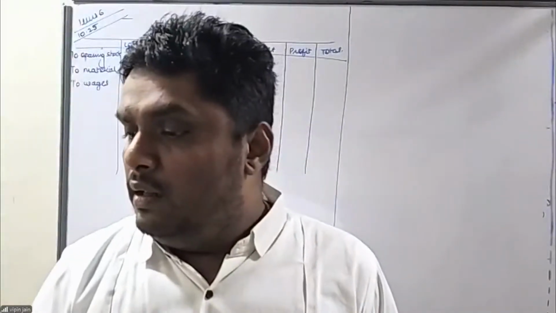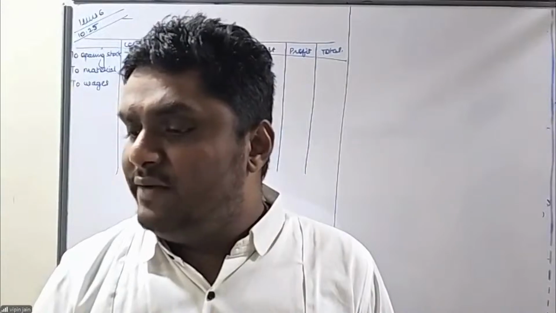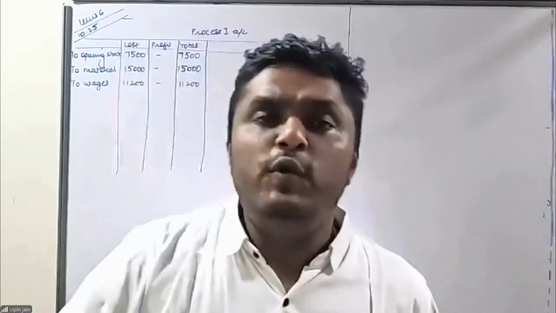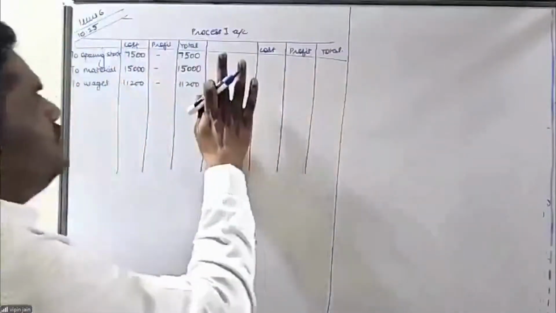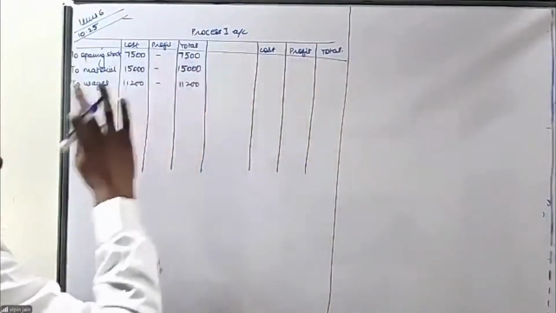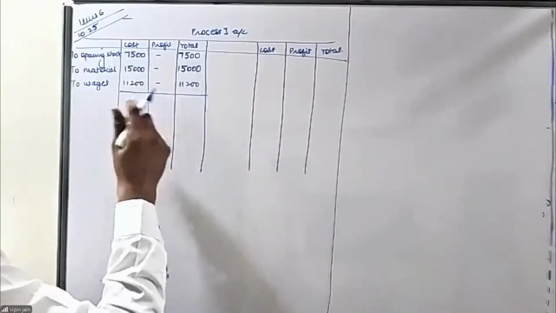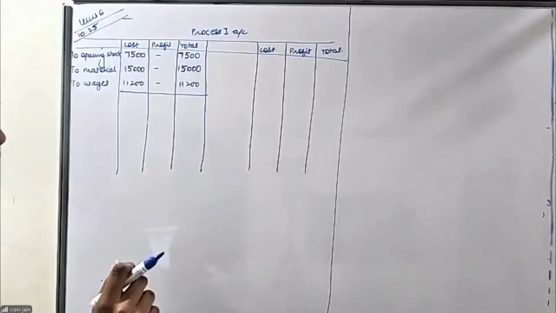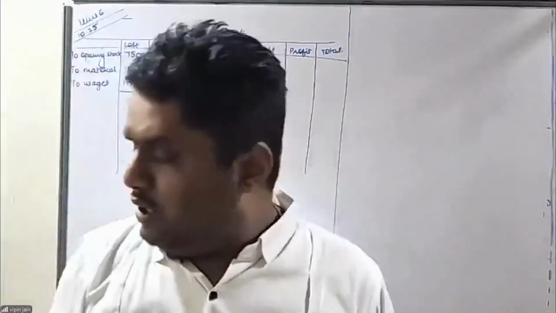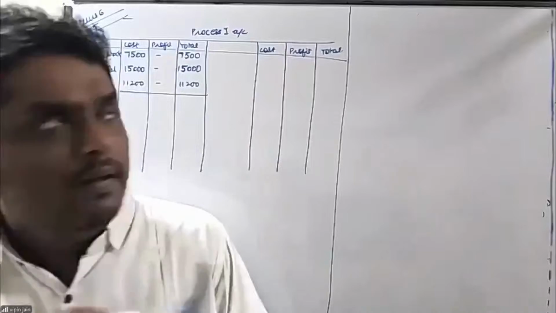Now herein, the closing stock is 3,700. Now we have two options. Either we can show the closing stock here, or we can subtract the closing stock here. Both the approaches are correct. So herein, I'll be subtracting the closing stock on the debit side only.